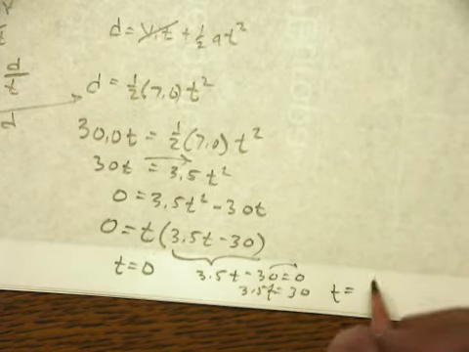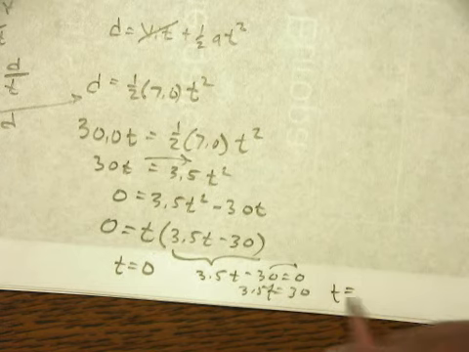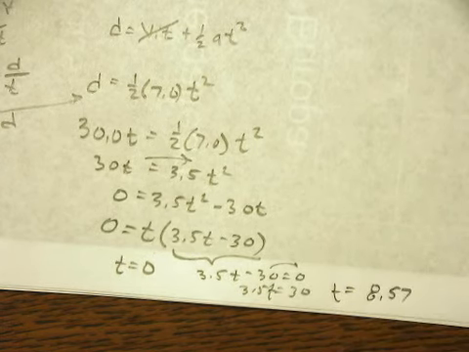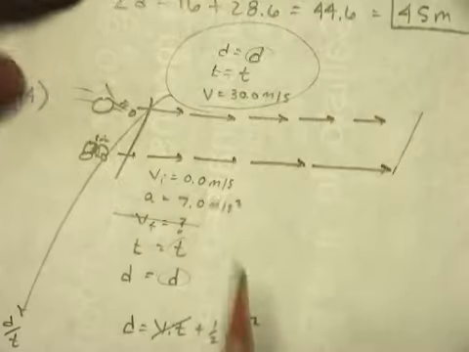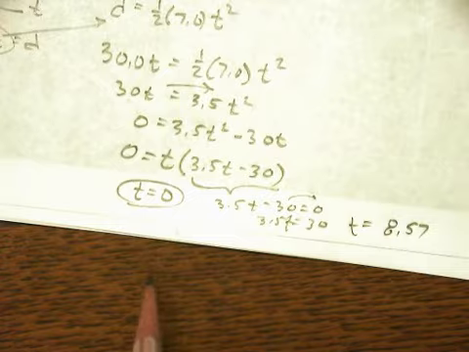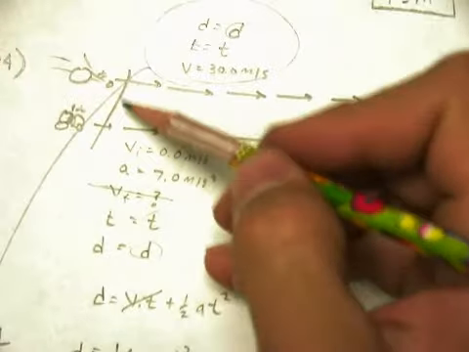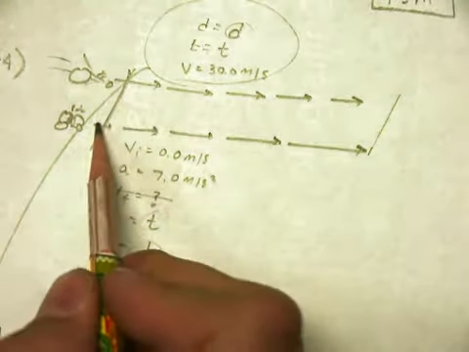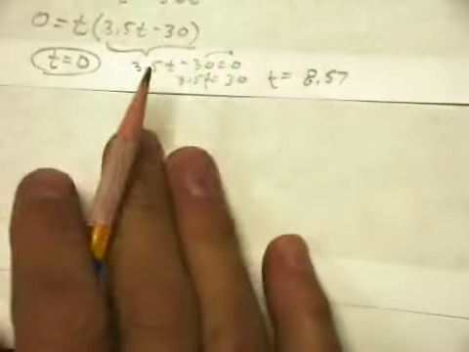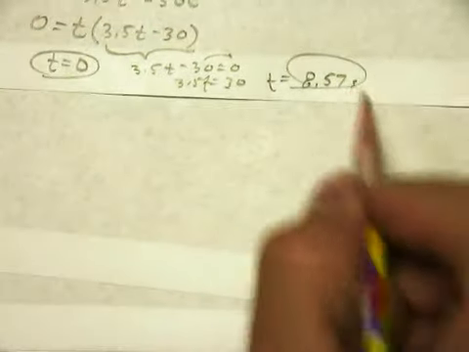And that's 8.57. And that tells you something. That tells you the cars are together at time equal 0. Does that make sense? Heck yeah, it does. At the very beginning, that's where he passed him, and he was standing still. And they also catch each other at 8.57 seconds.